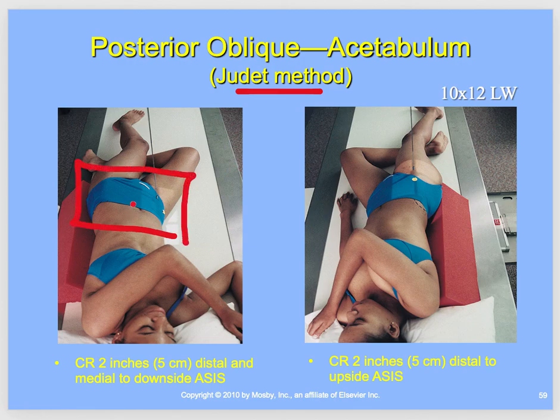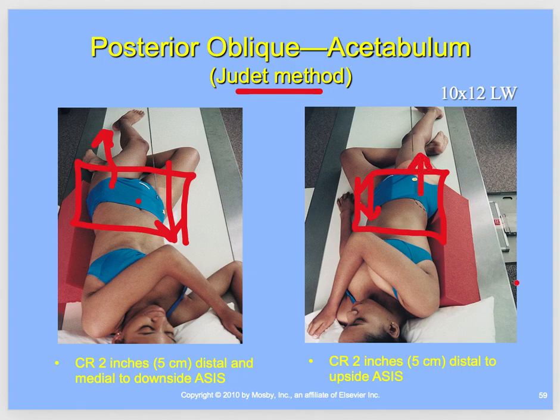And you're going to central ray to the center. So what you're doing is you're doing 2 images where you're seeing this upside and this downside. And then you would move the patient, do a 14 by 17. So now you're seeing this downside and this upside.